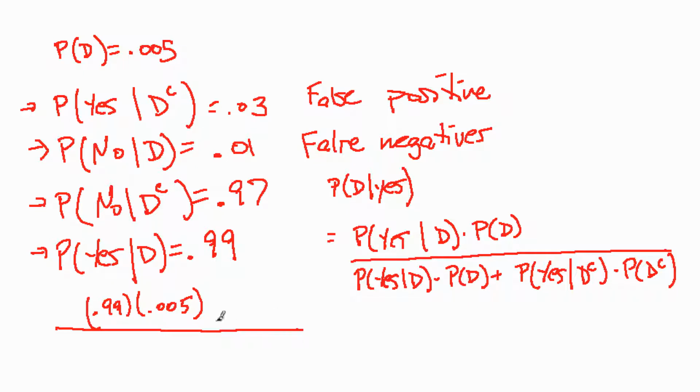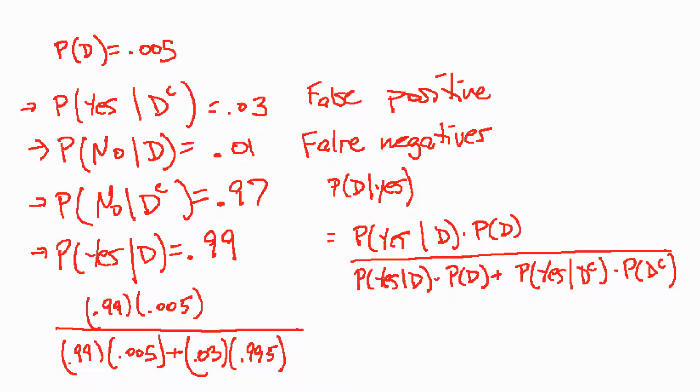And that would be divided by 0.99 times 0.005 plus the probability of a yes given no disease, that's 0.03, times the probability of disease complement. So the probability of not having the disease would be what? Well, if the probability of having the disease is 0.005, then the probability of not having the disease is 0.995.